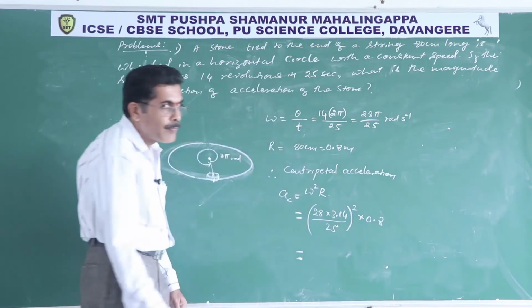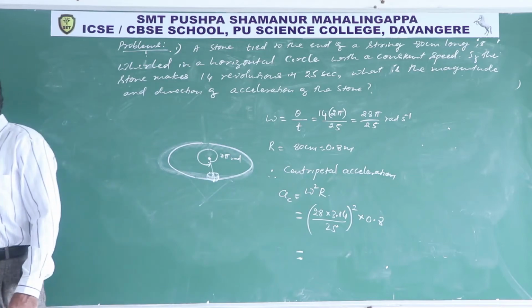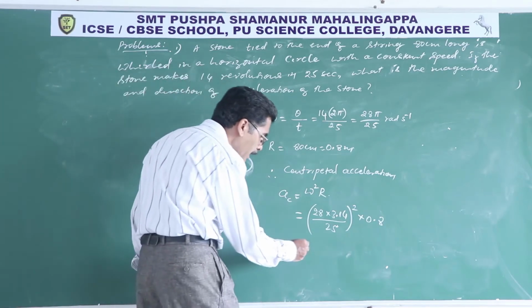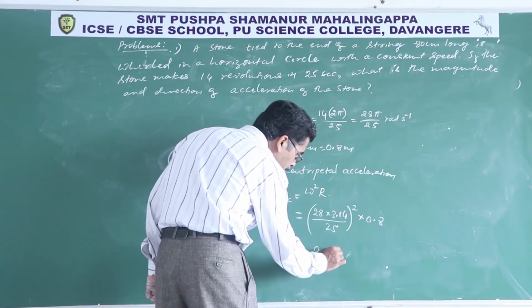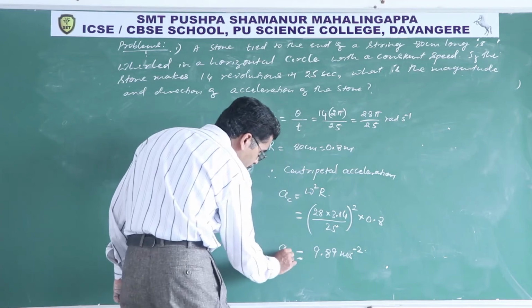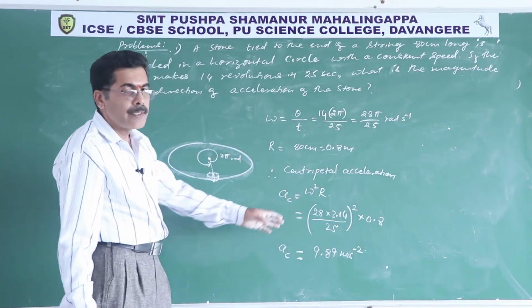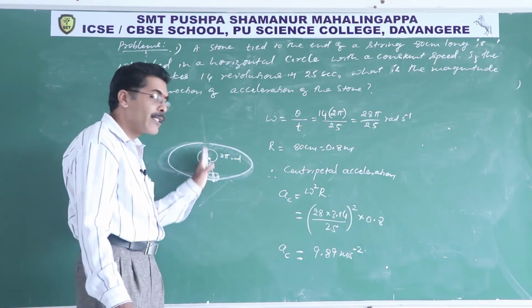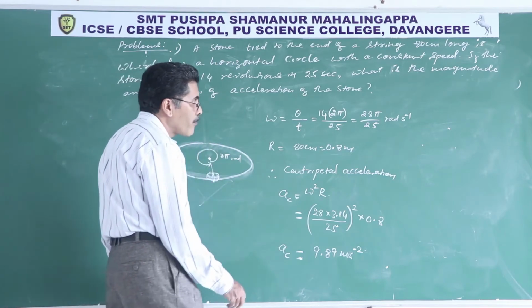Please simplify this. On simplification, you are going to get nearly 9.89 meter per second square. Please check this value. And what is the direction of this acceleration? It is directed towards the center.